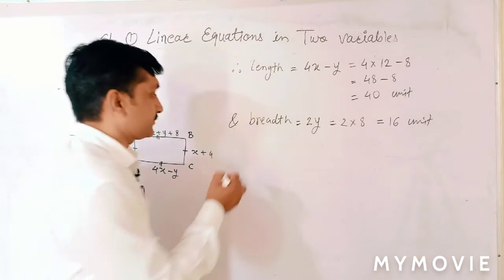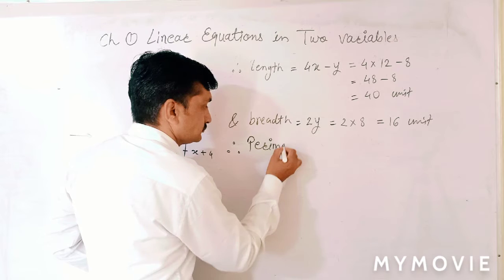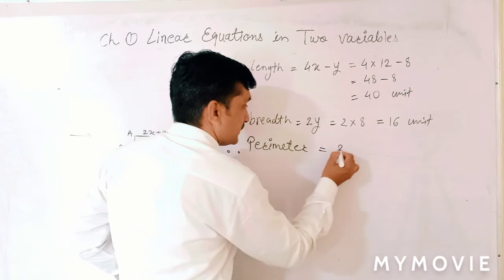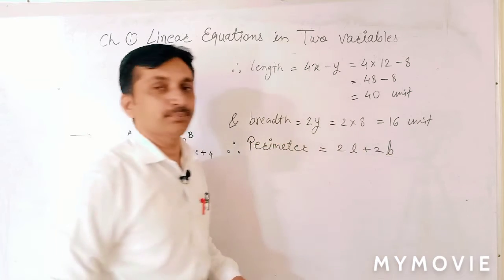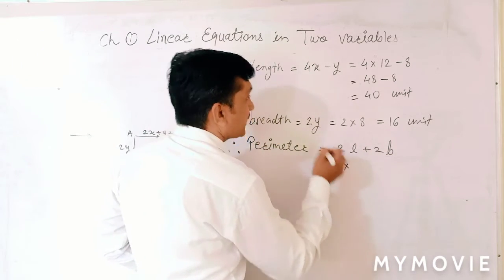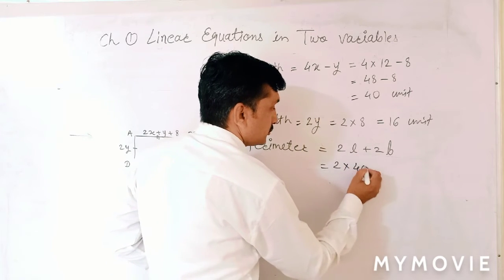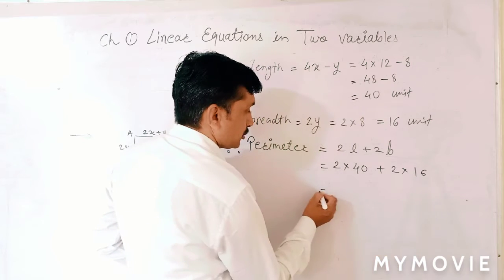Now let's find the perimeter. The formula is 2l plus 2b, 2 length plus 2 breadth. Now put the values again. 2 multiplied by length, 40, plus 2 multiplied by breadth, 16. Now multiply.